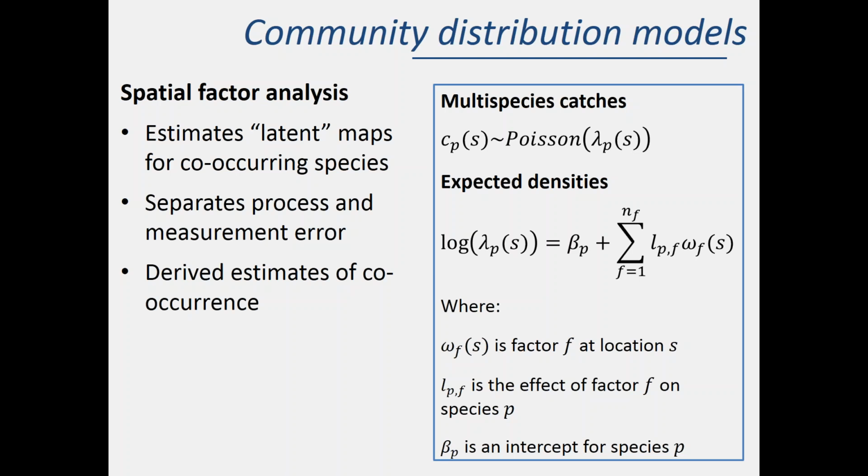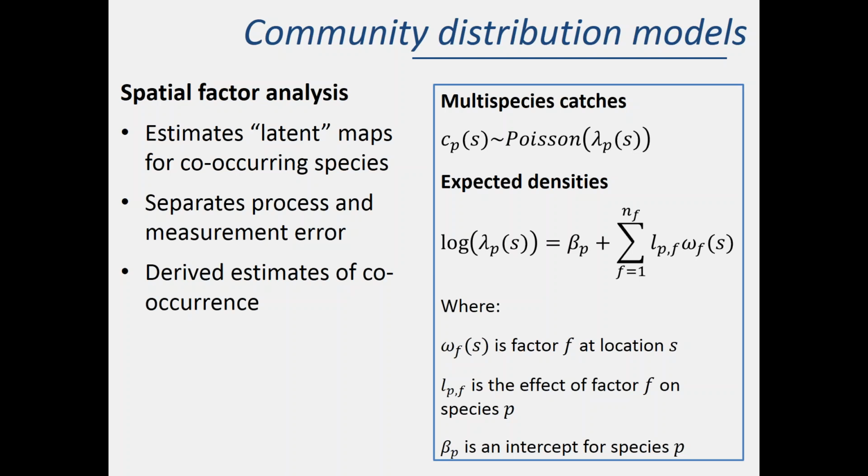But the equation that I'm going to use is this, where we've got the standard count data model where lambda is this matrix of S and P, and it's predicted from this intercept for every species, and then the product of a loadings matrix times a factor omega. So I'm calling omega the factor and L the loadings matrix. And you sum across all of the different factors when you're calculating the net effect of the factor model.